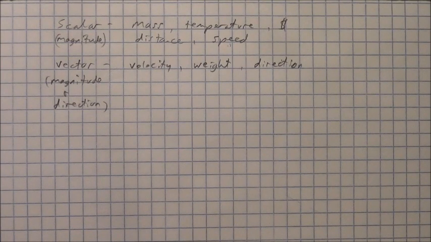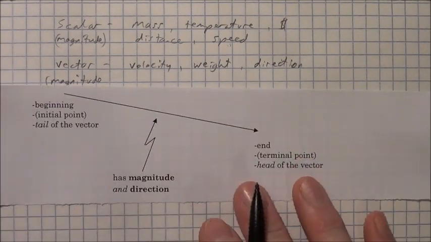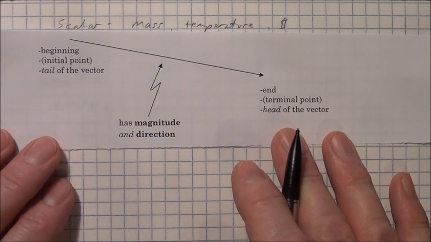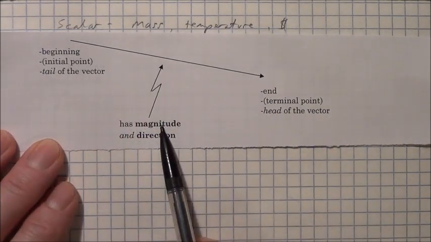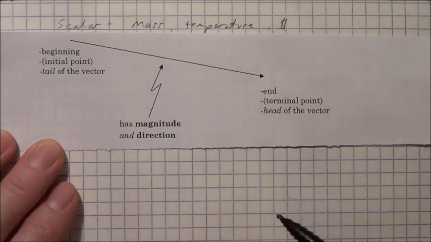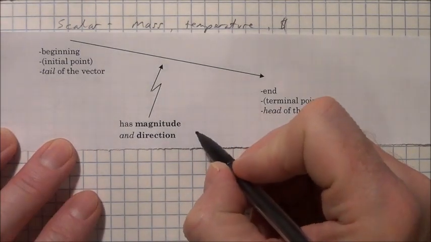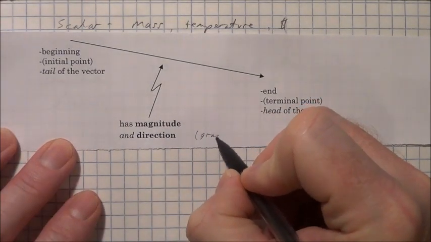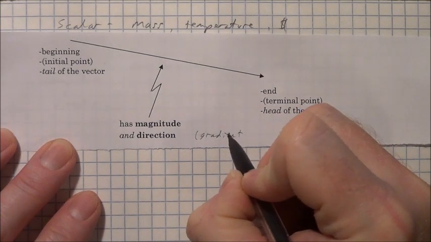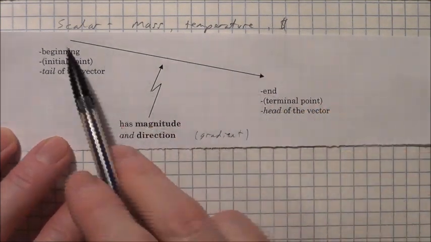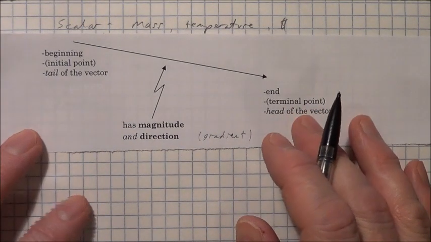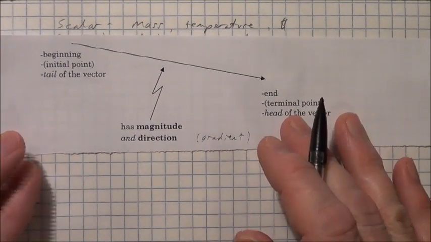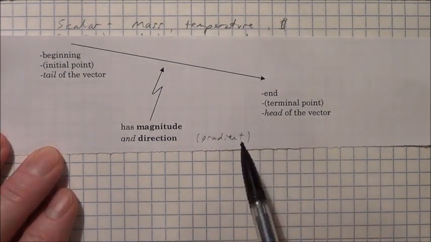We can represent vectors by drawing arrows, and these arrows have a length, which is the magnitude, and a specific direction, and the direction would be the gradient of the line, or this ray, drawn on the piece of paper that we've drawn it on.